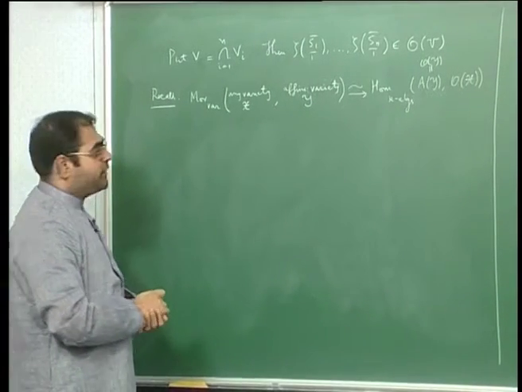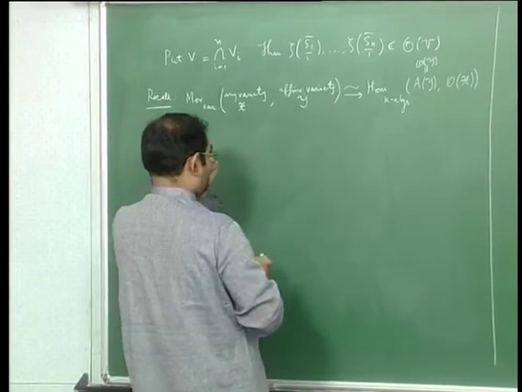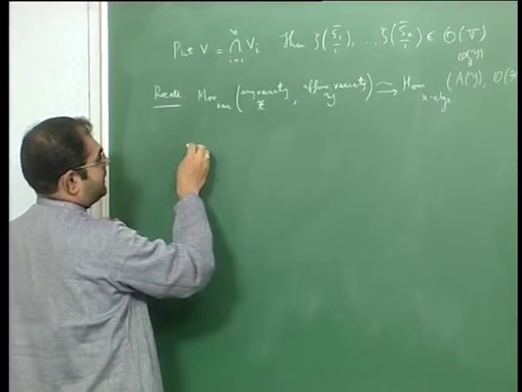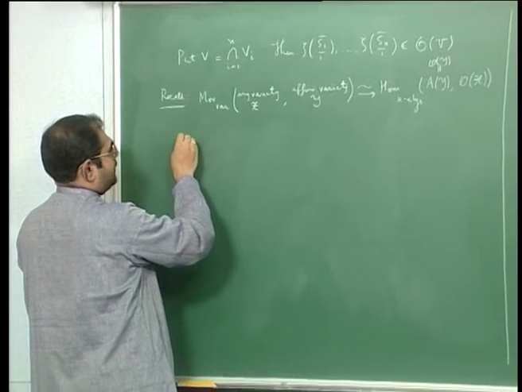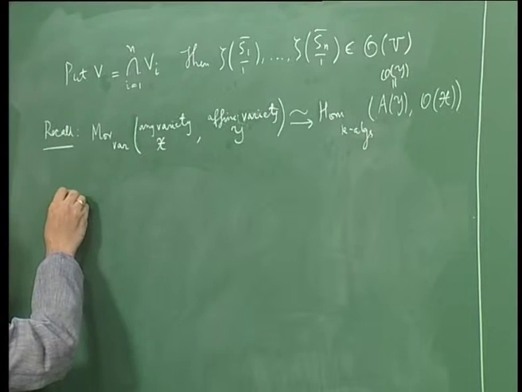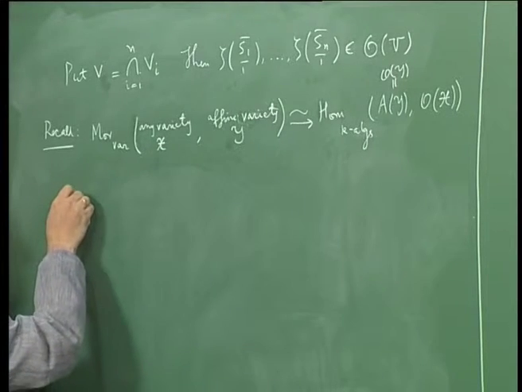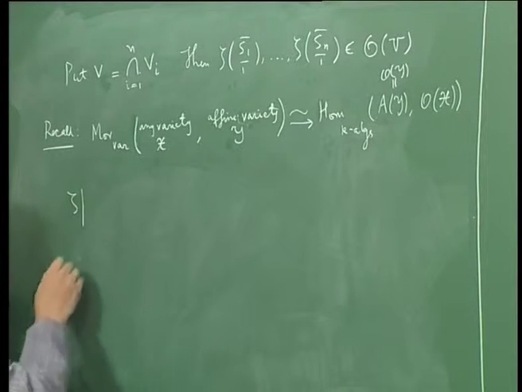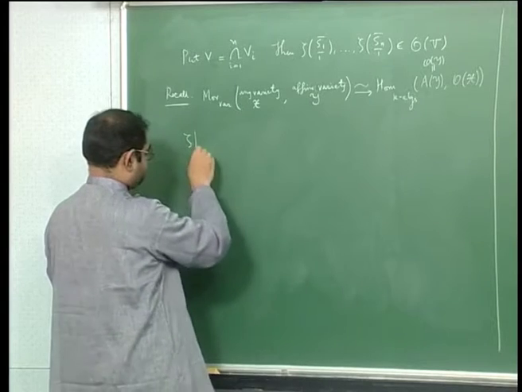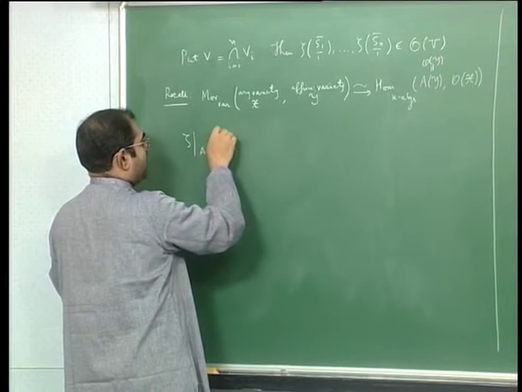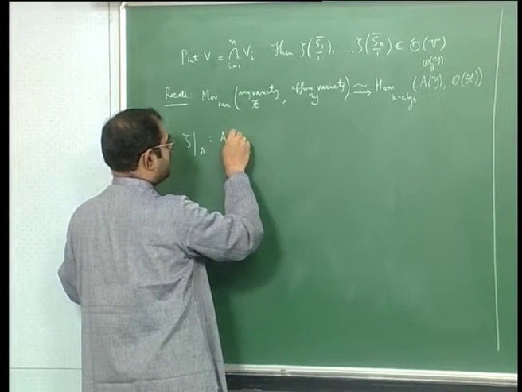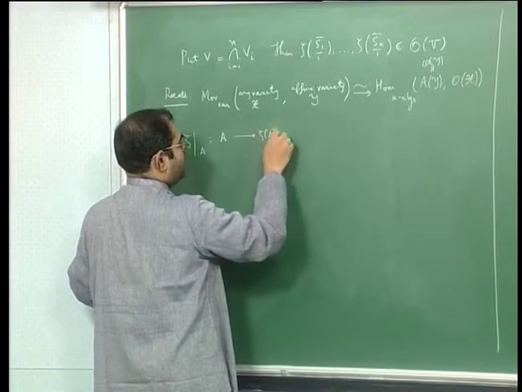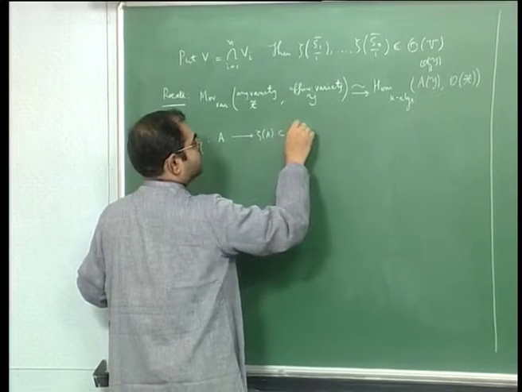You see, zeta restricted to A will go from A into zeta of A, which is a subset of OV.